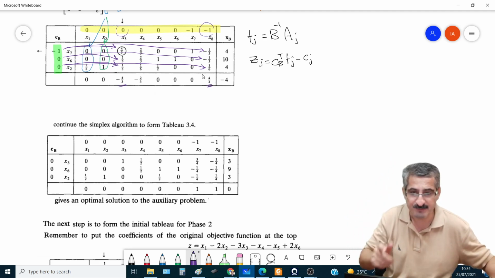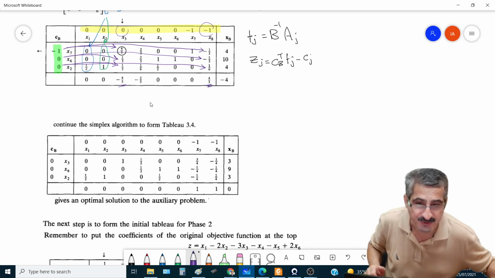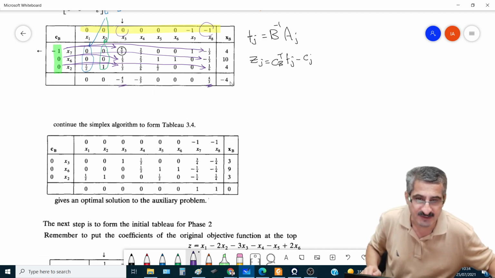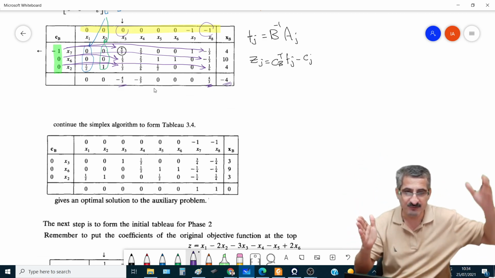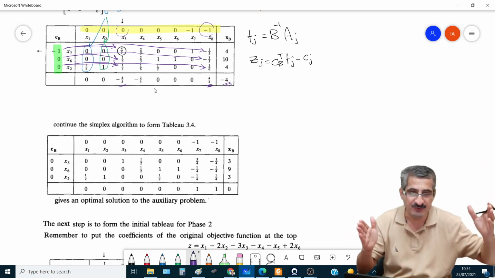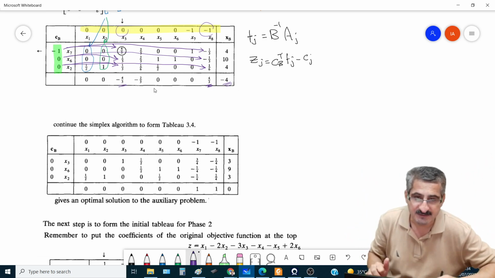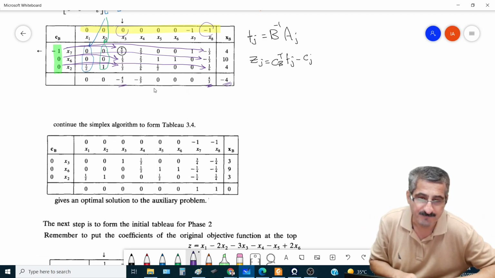So 1/3 plus 1, then I get 4/3. Okay? How do I get the negative 4? I multiply this column, -1, 0, 0 by 4, 10, 4, and then add. All right? I get negative 4.